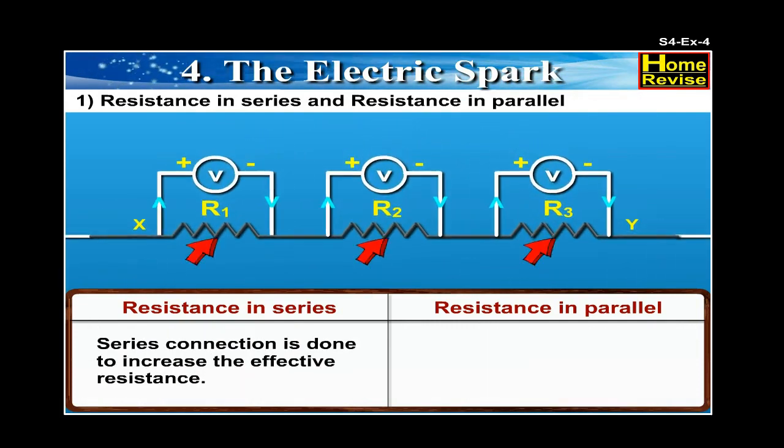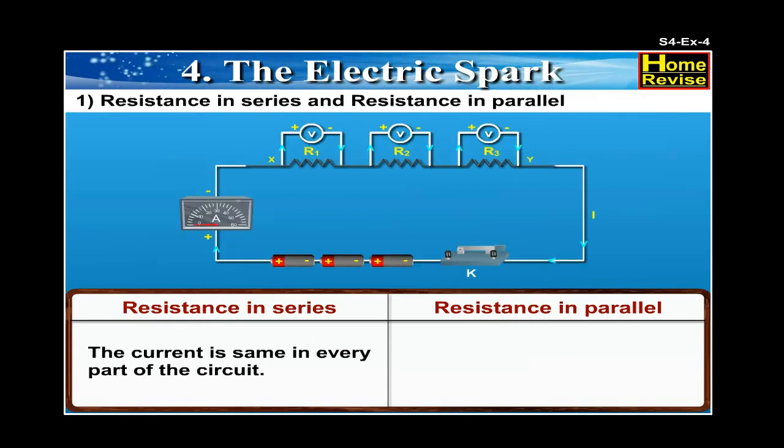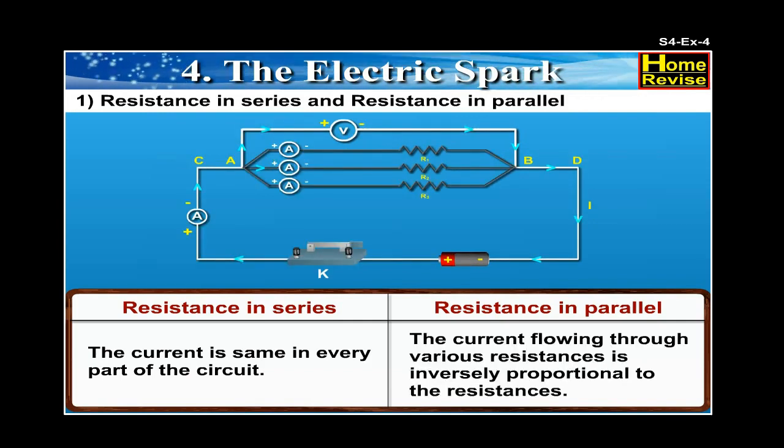Series connection is done to increase the effective resistance, while parallel connection is done to reduce the effective resistance. In series connection, the current is the same in every part of the circuit, while in parallel connection, the current flowing through various resistances is inversely proportional to the resistances.